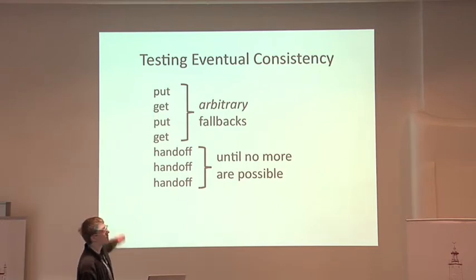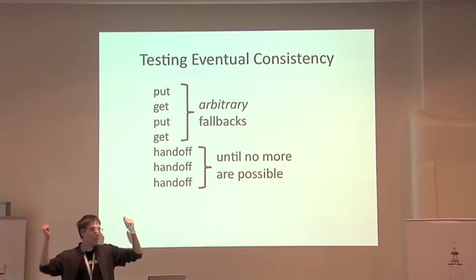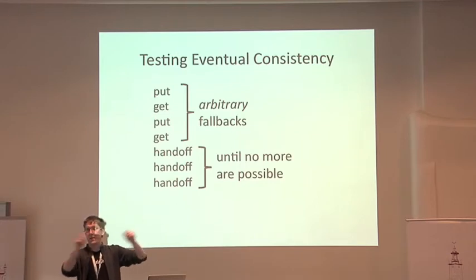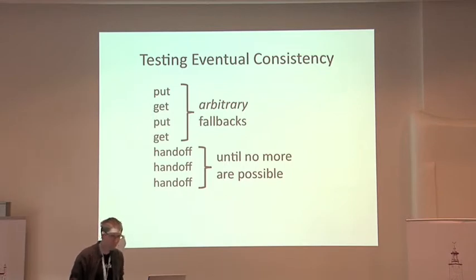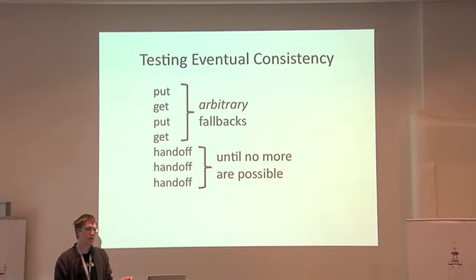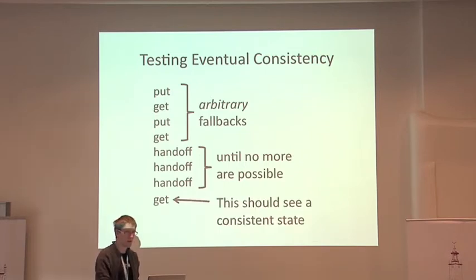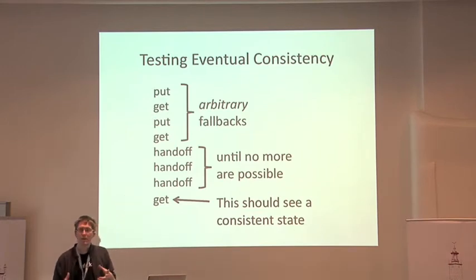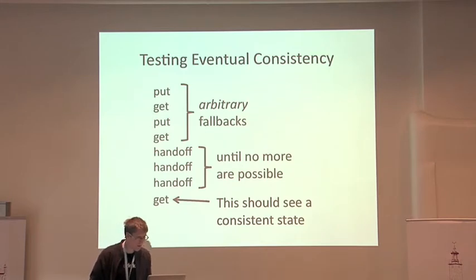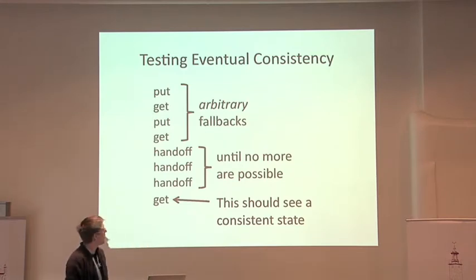After we've run this, we pretend that all the nodes are up and let them do all the handoffs that they want. And after they've done that, we expect to see a consistent state. So if we do a get after all these handoffs, we should really get something consistent. Okay, so that's what the test cases are going to look like.